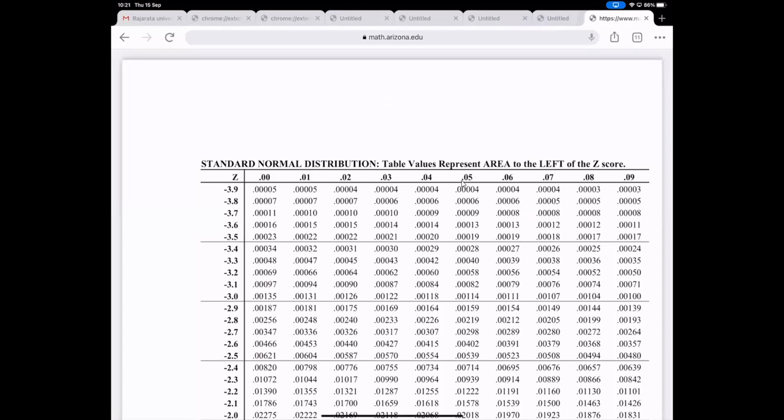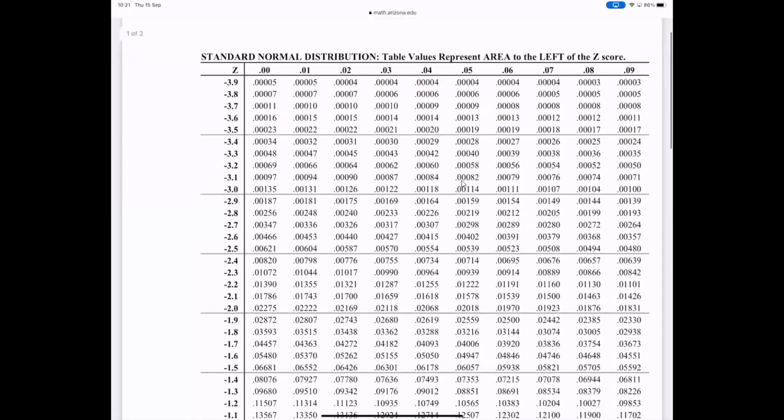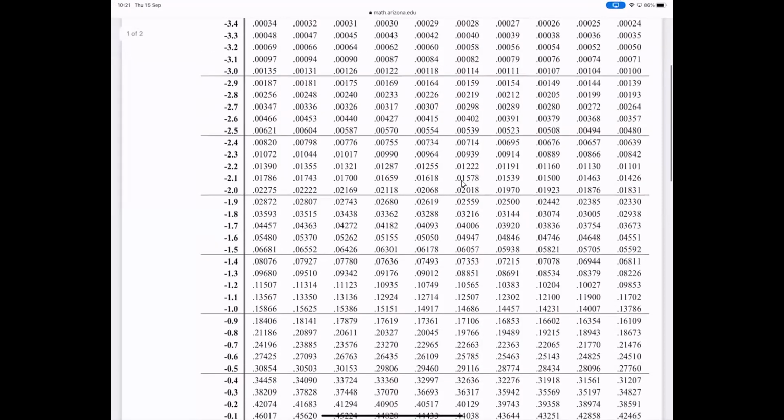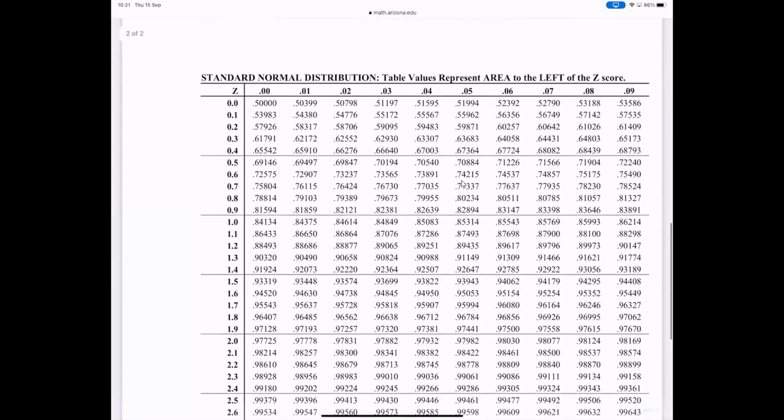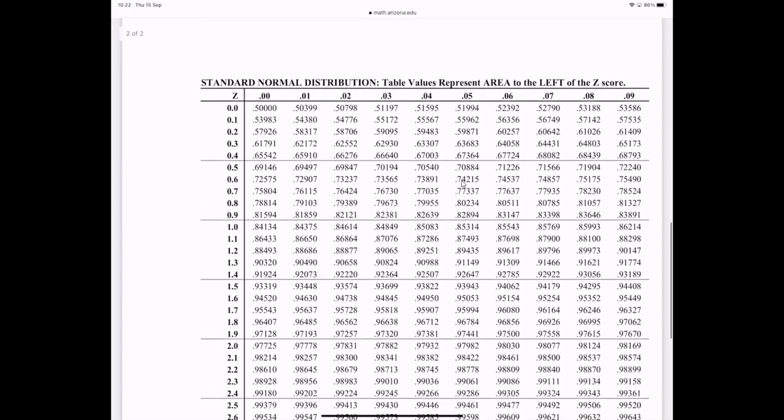This is the standard normal table. We are referring to 0.8, this one, referring to 0.89. That is 0.8133.